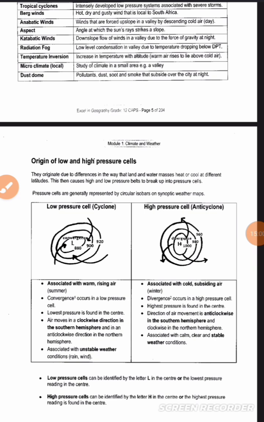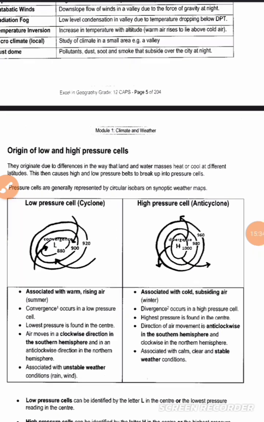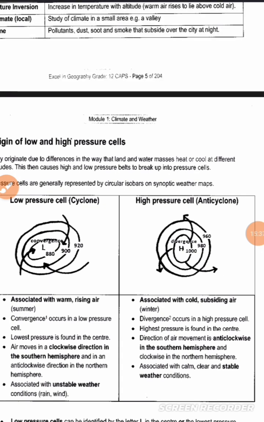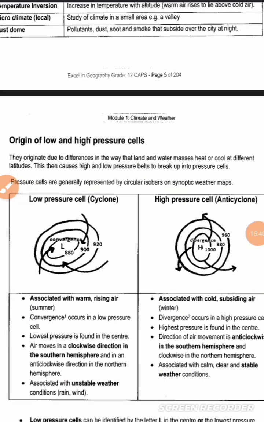They originate due to the different ways that land and water masses heat or cool at different latitudes, meaning that to have low pressure and high pressure cells, there must be a difference between air masses and water masses in terms of their temperatures. This then causes the high pressure and low pressure belts to break into cells.